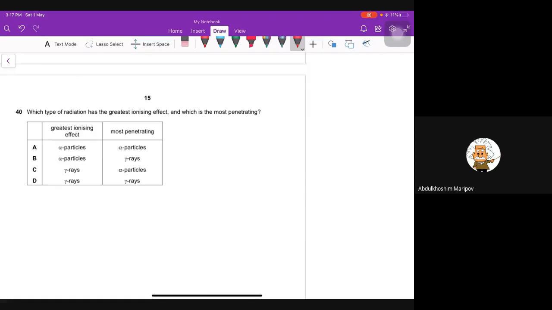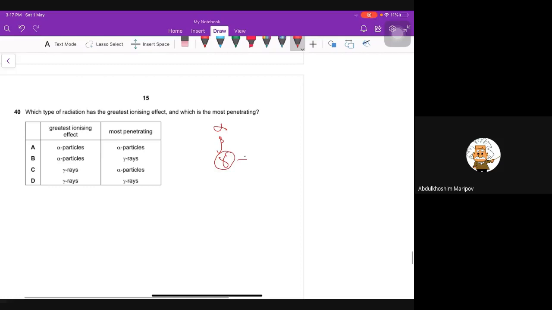Which type of radiation has the greatest ionization effect, and which is the most penetrating? Guys, the most penetrating is the gamma rays. There are 3 types of radiation: alpha radiation, beta radiation, gamma radiation. The gamma radiation penetrates the most.